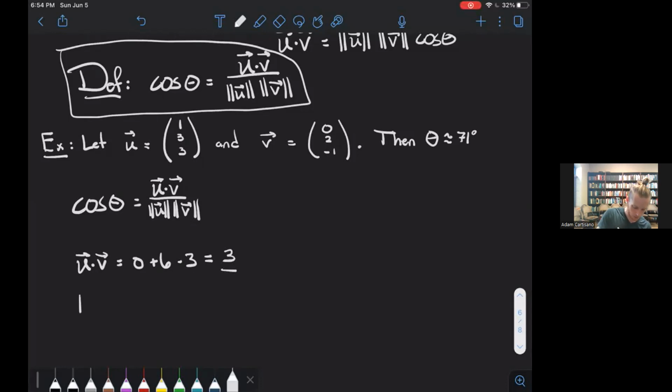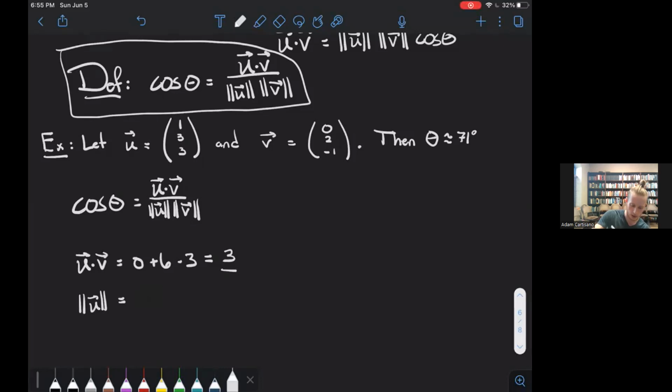The norm of u is u dot with itself and then take a square root. Well, u dot with itself is 1 times 1 plus 3 times 3 plus 3 times 3, all square root. I'm getting square root of 19.